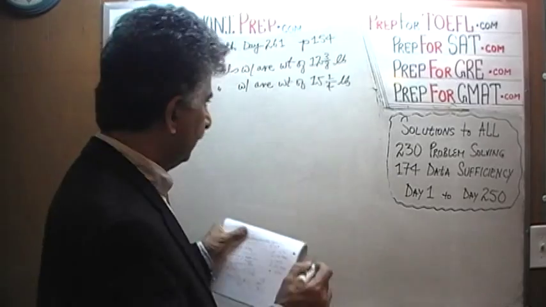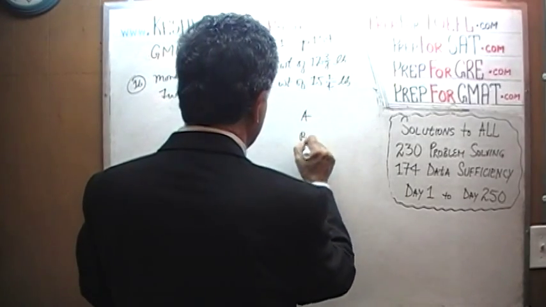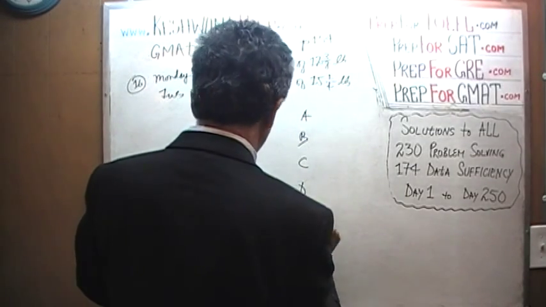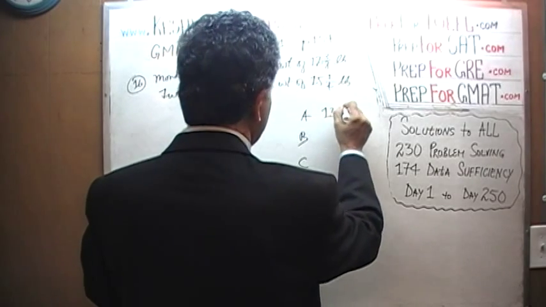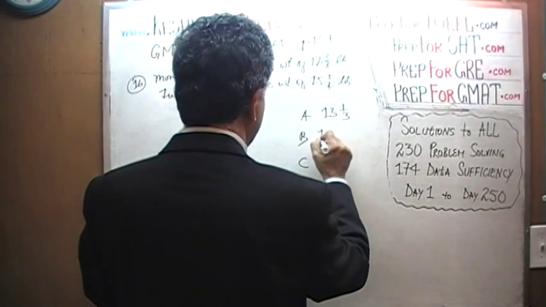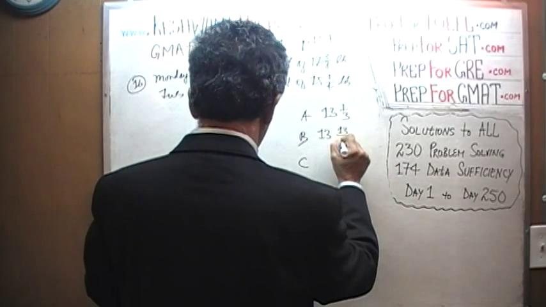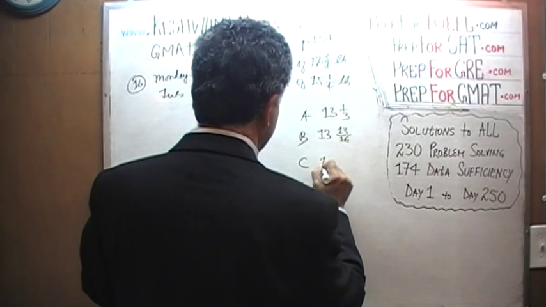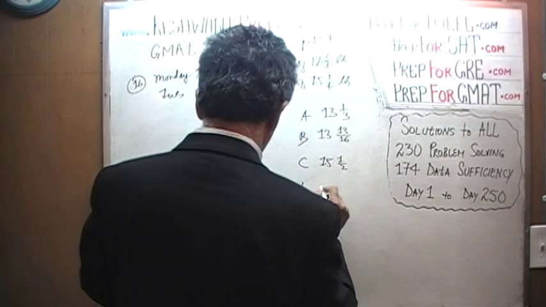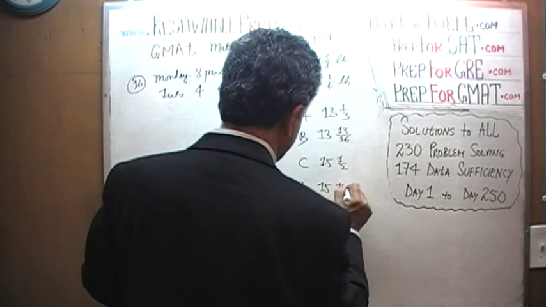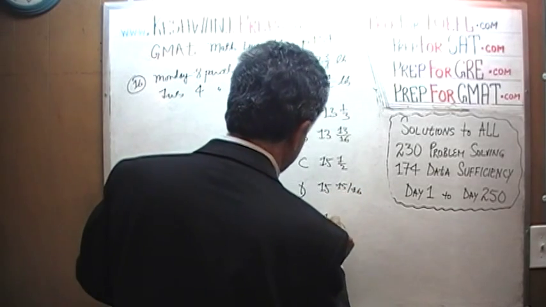For example, here we're given answer choices A, B, C, D, and E. 13 and 1/3 we are told, 13 and 1/6, 15 and a half, 15 and 1/6, and 16 and a half.